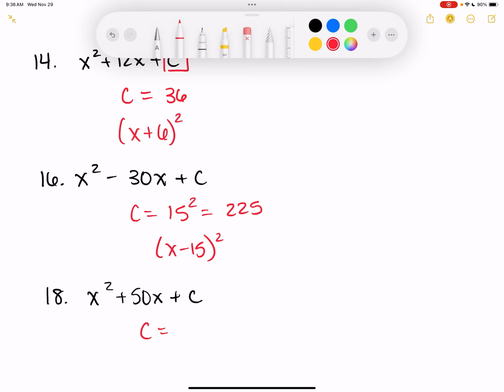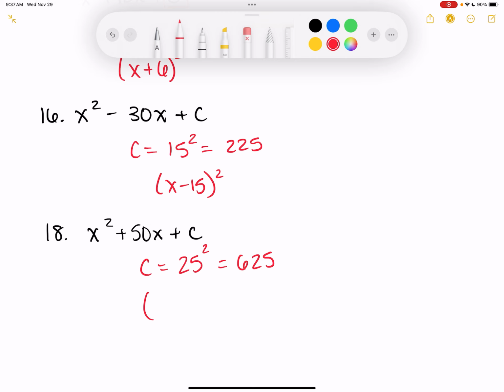Well, 25 squared, and then 525 or 625? Yeah, 625. And then the factor would be x plus 25 squared.